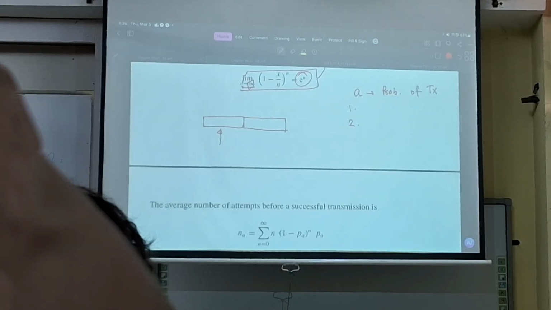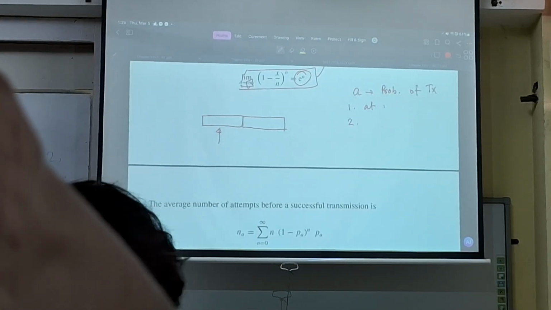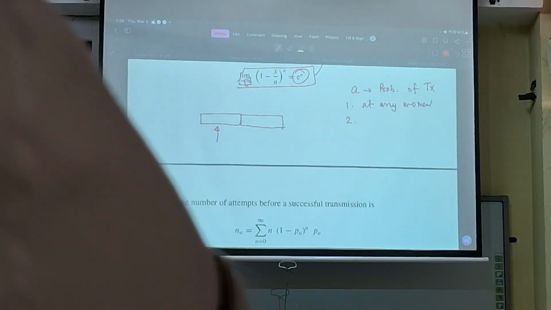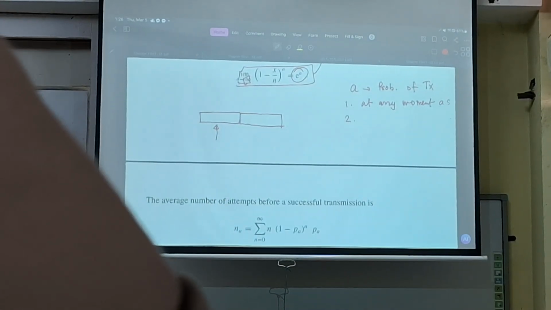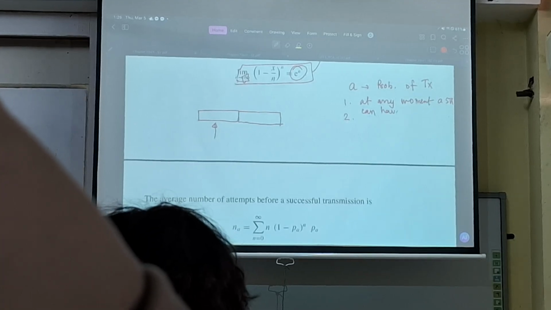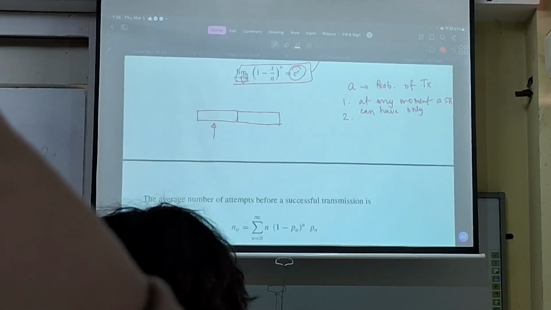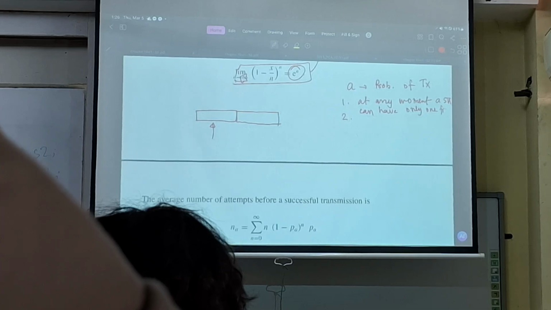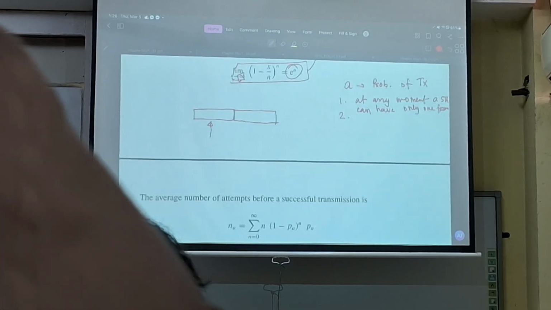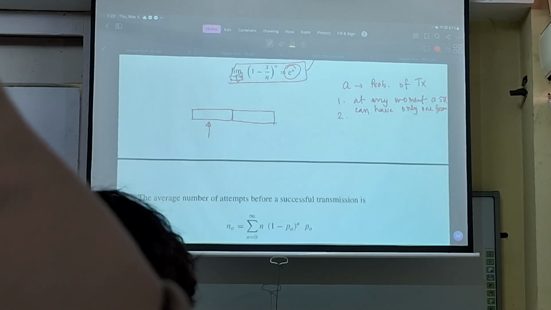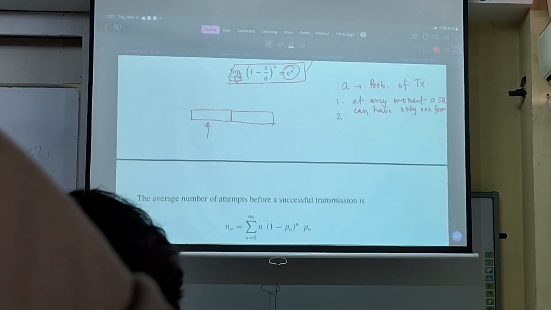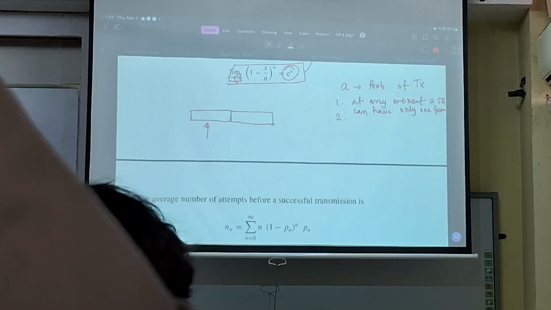One is that at any moment a station can have only one frame. The system is designed in such a way that until the frame is forwarded successfully, this station will not take another.